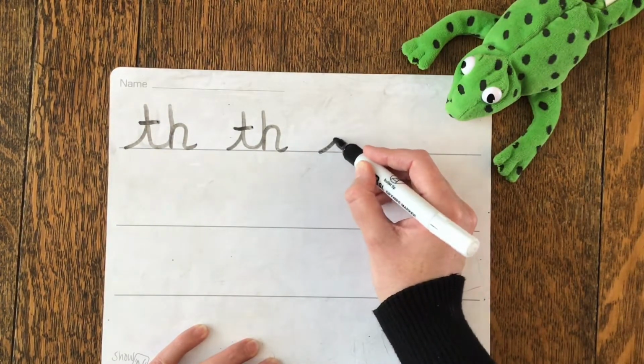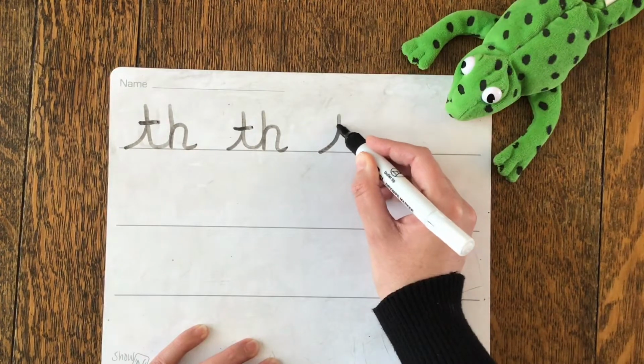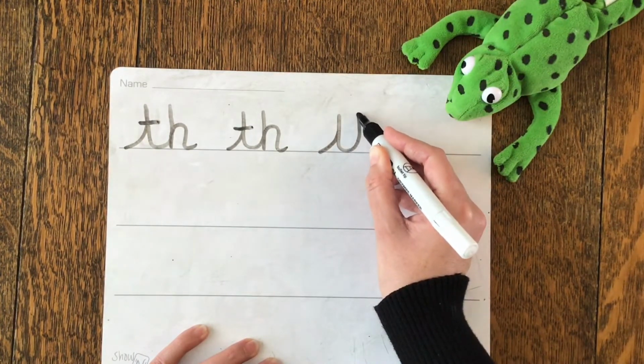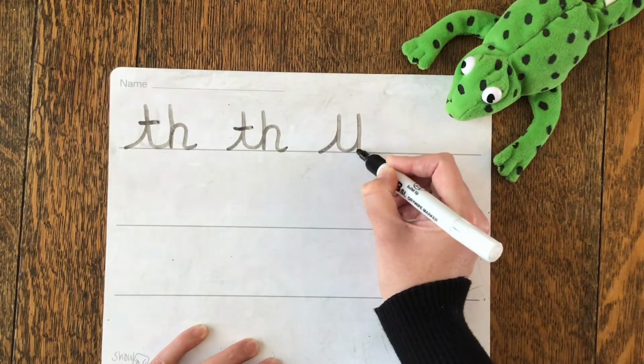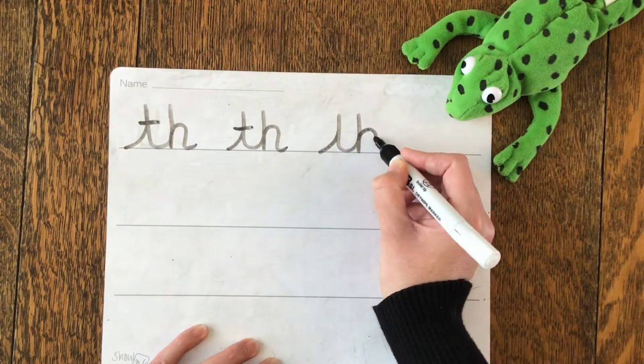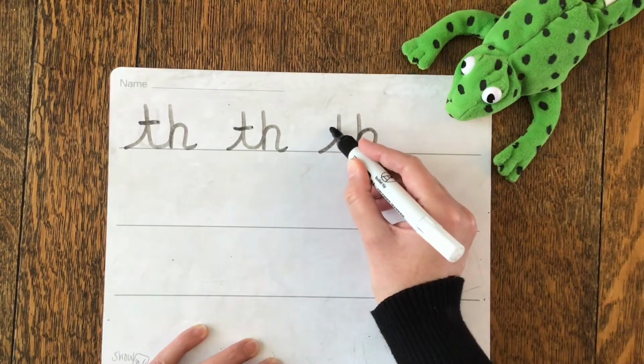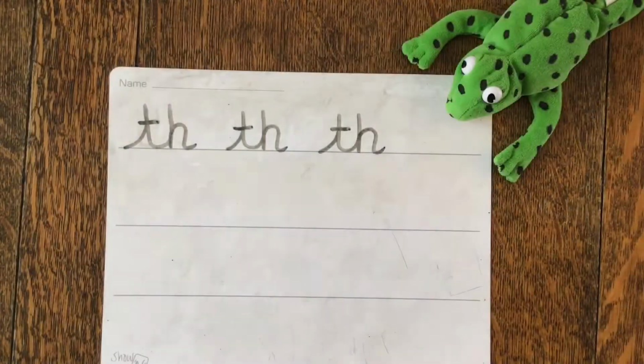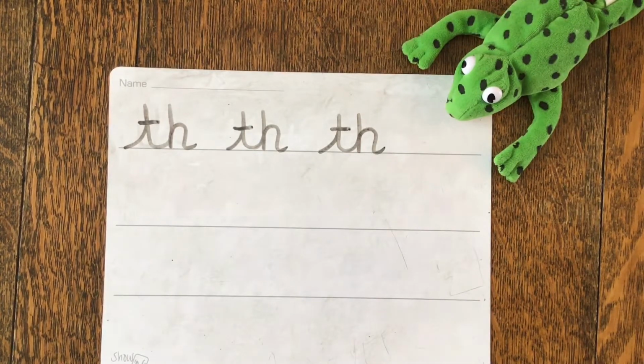Start on the line, sweep up tall, come down the tower, keep the pen on as I sweep up to the horse's head, all the way down to his hoof, halfway up and over his back and sweep out. Don't forget to cross the T. Now it's your turn to practice writing them on a piece of paper with your pencil, or you might have a whiteboard and a pen. Have a go.